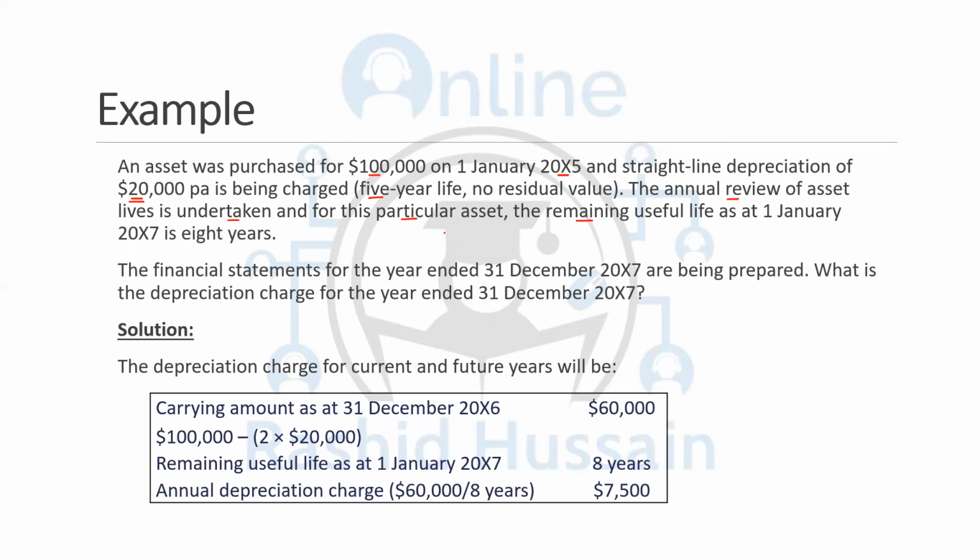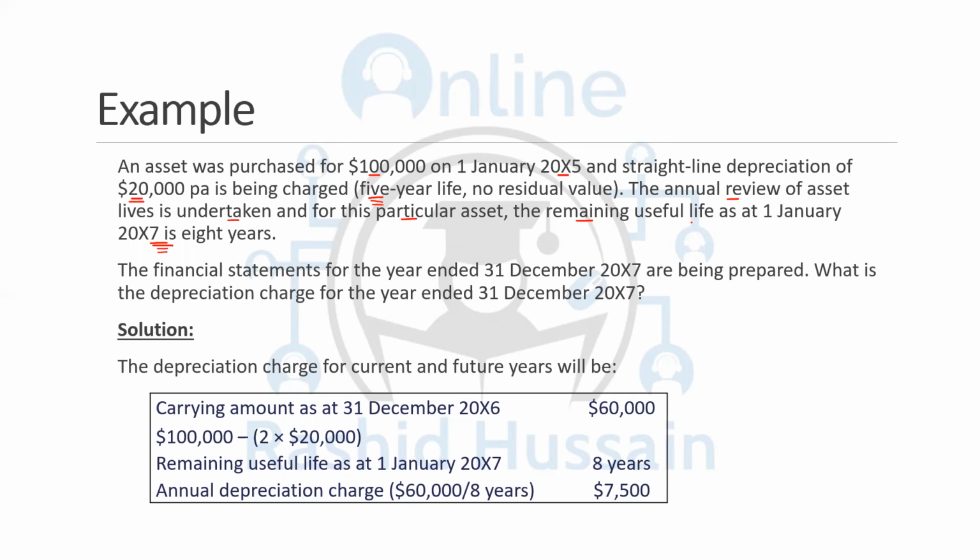The remaining useful life as at 1st January 20x7 is 8 years. Now at 1st January 20x7, they realized that the remaining life of the asset is 8 years. Initially, they expected it to be 5 years. So this was an accounting estimate, and later they realized that it should be more than that. So they can change their accounting estimate.